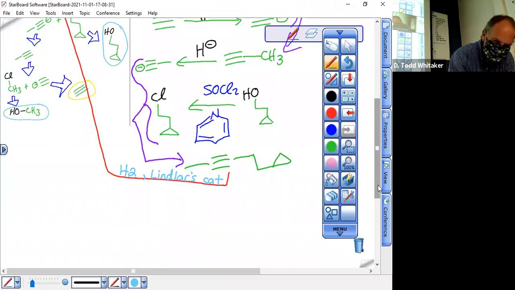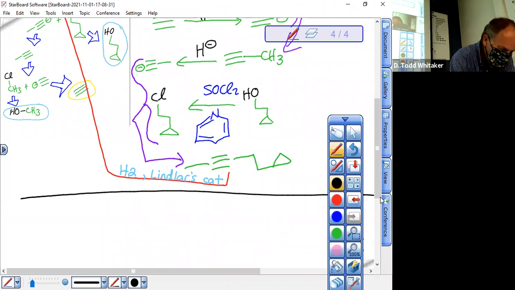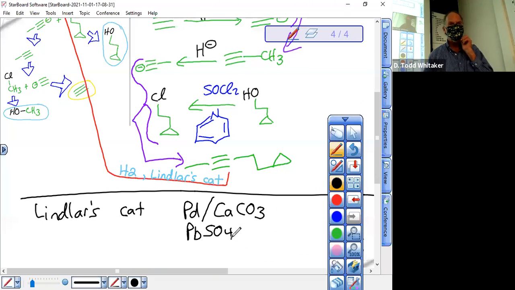Lindlar's cat, this is an aside because we're really finished. Lindlar's cat is a combination of palladium embedded on calcium carbonate with a catalytic poison called lead 2 sulfate present as well.